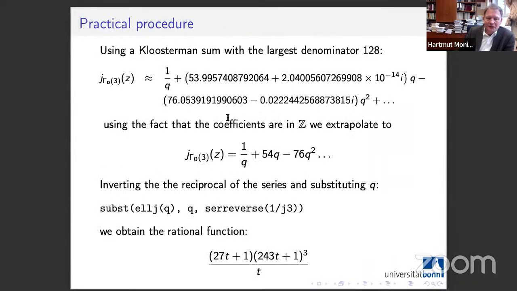So with these Kloosterman sums, you can calculate, for example, for gamma 0(3), the Kloosterman sum with the largest denominator up to 128, and what you obtain is an approximation for the Hauptmodul with these coefficients, so 53.995, which is an approximation to 54 apparently, and then as the quadratic coefficient, you get 76 plus a small deviation.